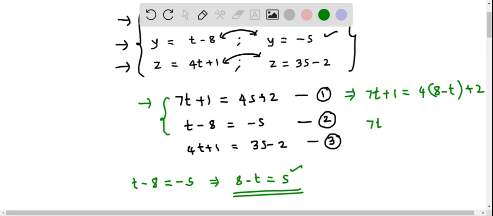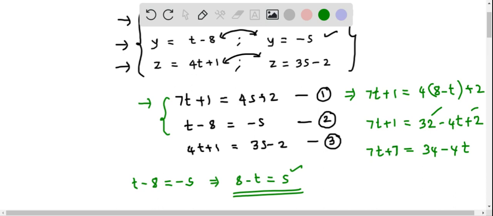So let's solve this. This gives 7t plus 1 equals, we distribute the 4 and then we will get 4 times 8 is 32, minus 4 times t is negative 4t, plus 2. So this becomes 32 plus 2 is 34 minus 4t, and on the left side we have 7t plus 1. So let me add 4t on both sides.